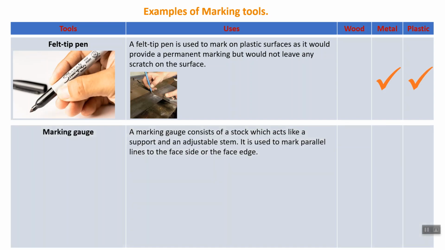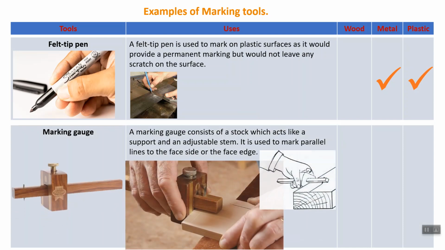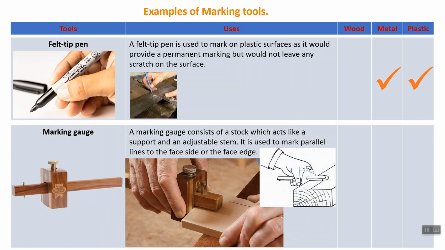Then we have the marking gauge. The marking gauge consists of a stock, this is called the stock, and a stem.